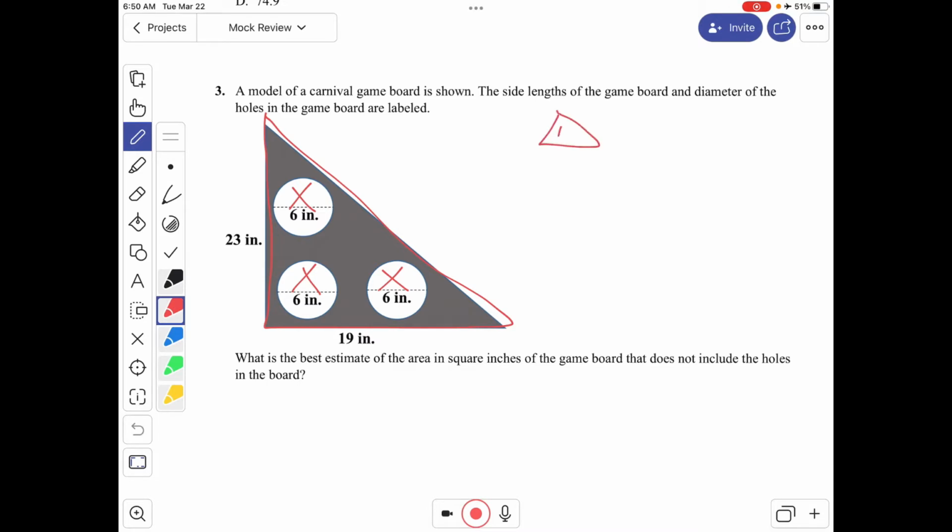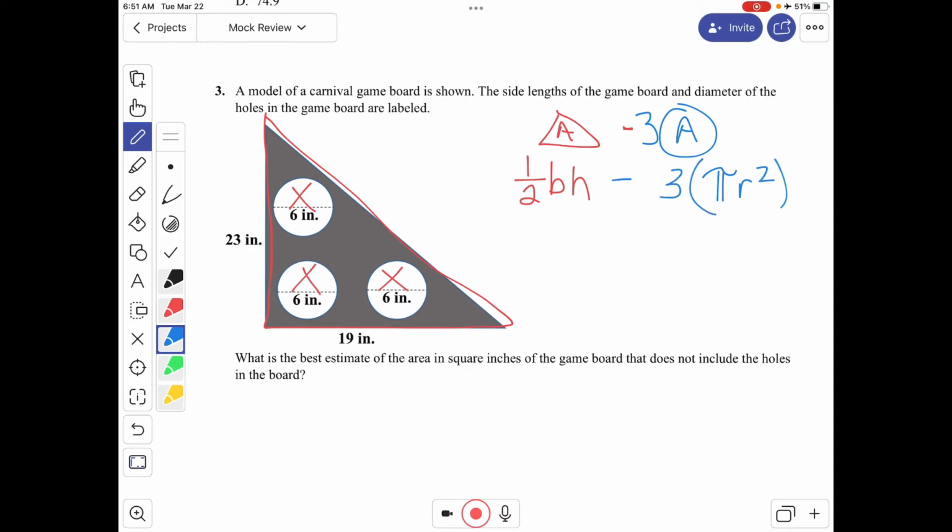We're going to find the area of a triangle and subtract the area of the circle. There's 3 circles though. So what's the formula for area of a triangle? And for the area of a circle, pi times radius squared. But there's 3 of them, so we'll have to multiply that times 3.